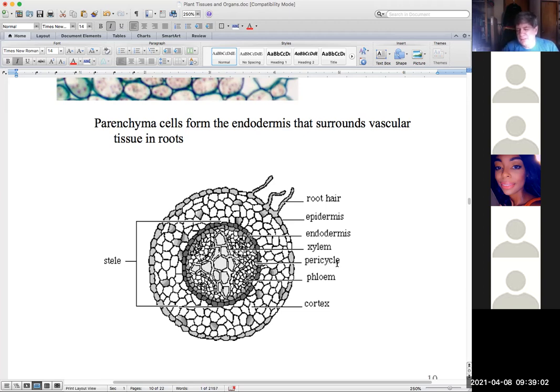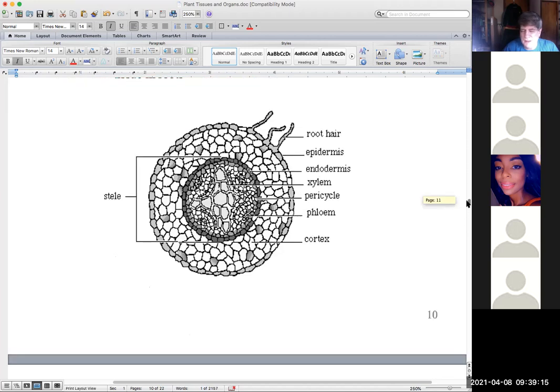And then notice the very outer layer of cells, of course, is our epidermis. So sometimes from the endodermis on in, all the tissues that are associated with the xylem and phloem are called the stele, or the vascular stele sometimes.